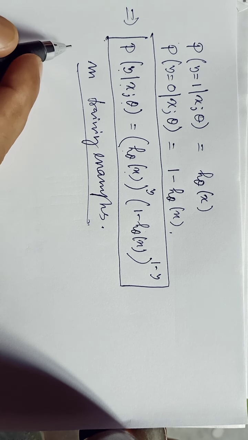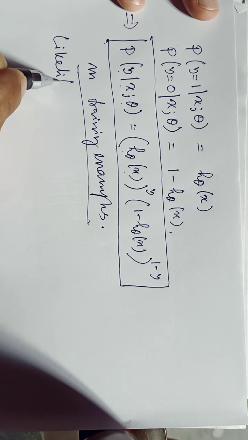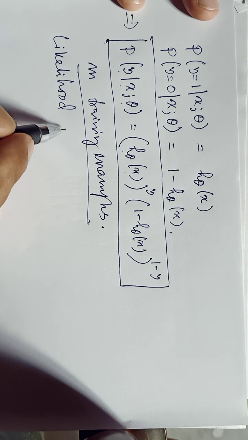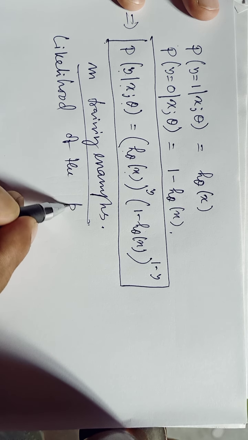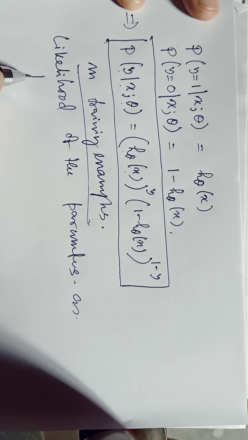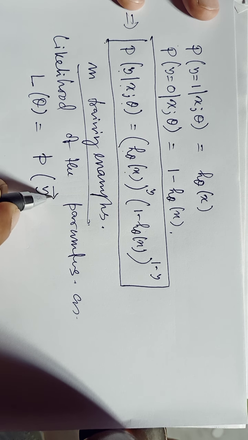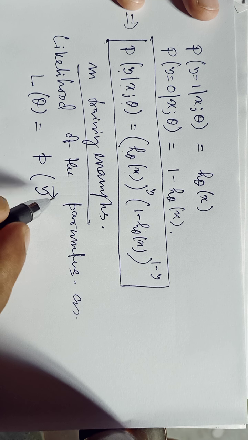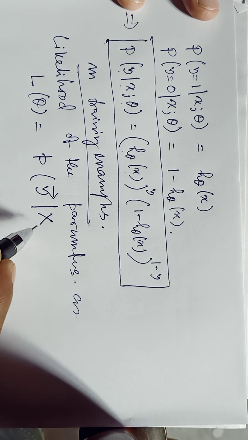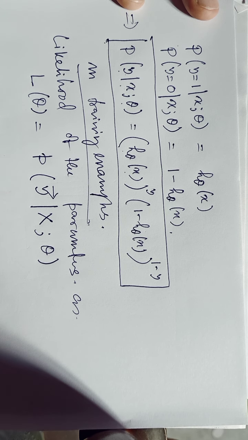Therefore we can write the likelihood of the parameters as L theta equals the probability of y, that is the vector, for a given training set x parameterized on theta.